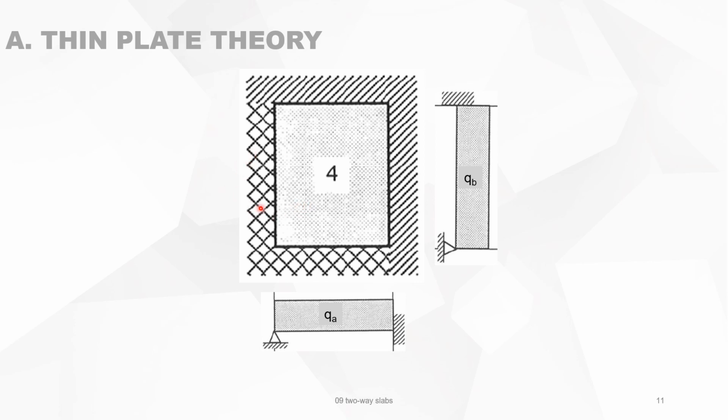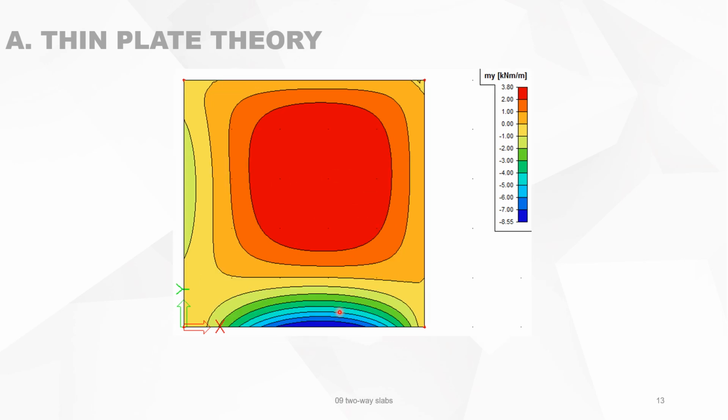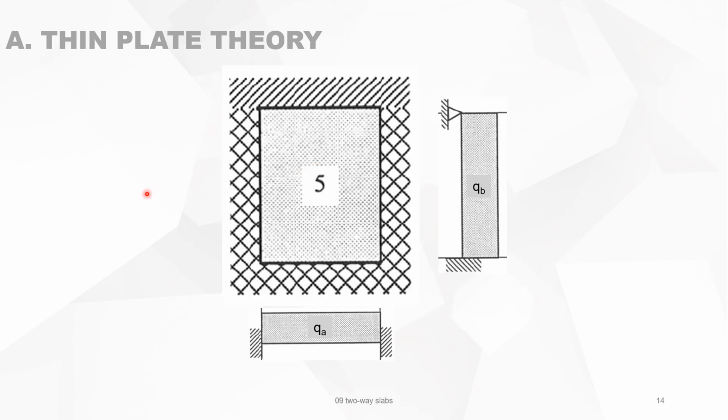A slab of type 4 has 2 adjacent sides clamped, and the 2 other adjacent sides simply supported. Again, when you look at the isolines, you see the blue one is the hogging bending moment and the red one, the sagging. And you will see this is in the x direction, but in the y direction, it's similar, hogging bending moments and sagging bending moments.